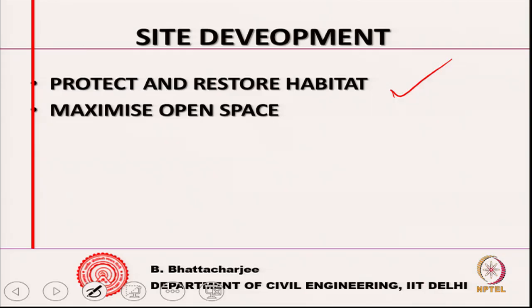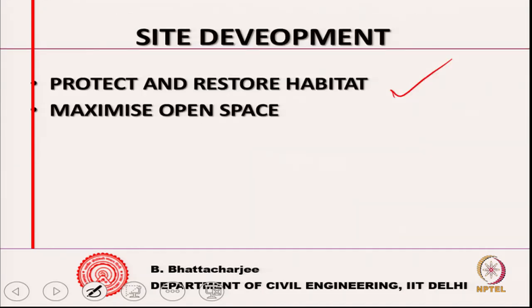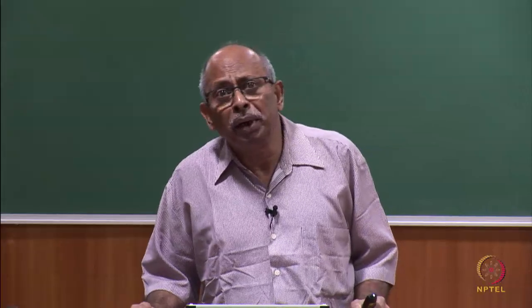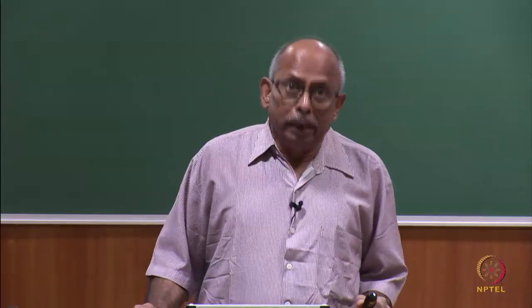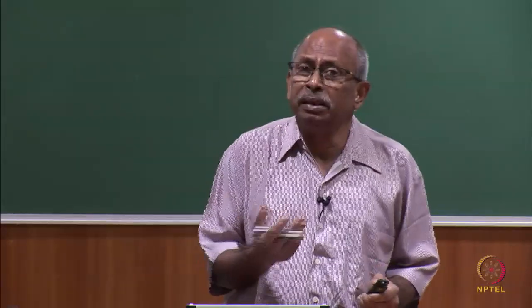Protect and restore habitat, maximize open space. Open space maximization is required for various purposes. One is the flow of air, lighting, fire protection, and built up area should be less so that your microclimatic changes are minimal.